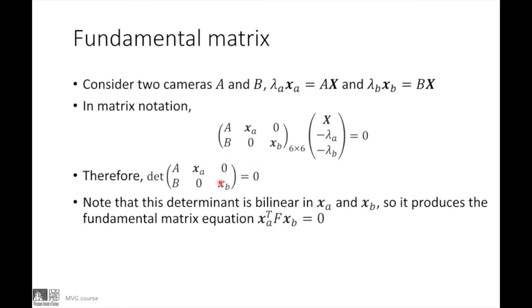For the fourth term, you take the first term in x_B, multiplied by the determinant of the 5 by 5 matrix that is obtained by removing the fourth row and the last column. And for that determinant, you start by choosing one element from x_A and multiplying by the determinant of the 3 by 3 matrix that remains. And this way you get a bilinear equation in x_B and x_A.